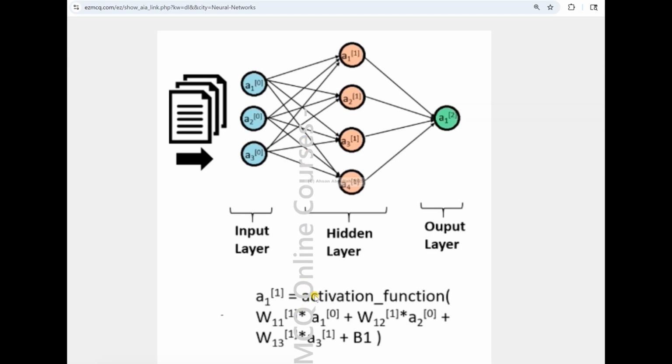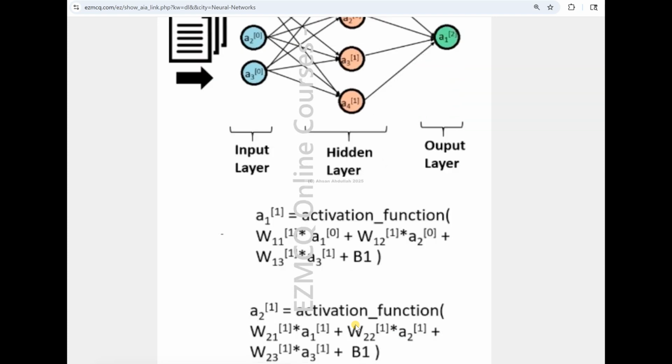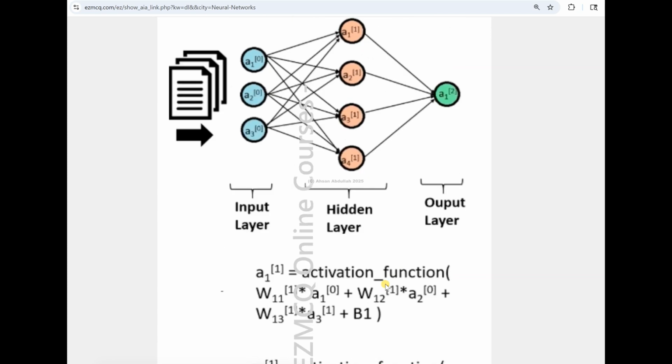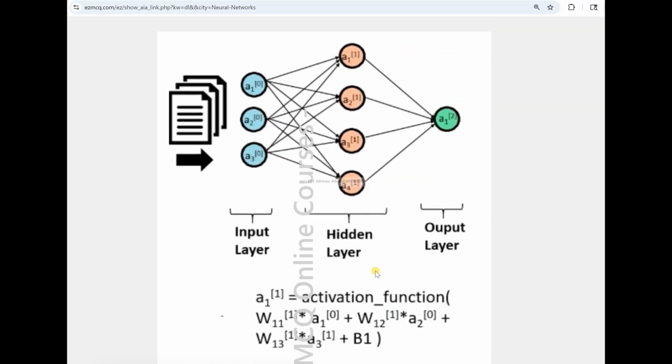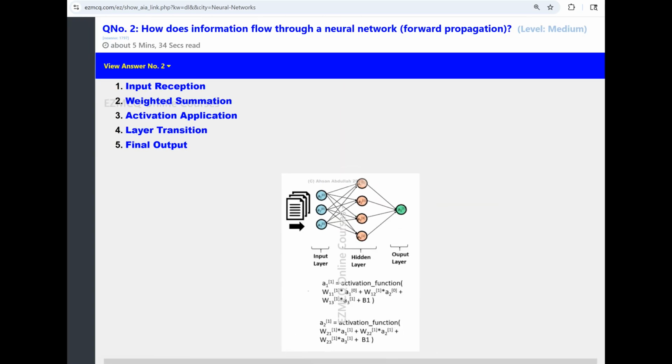So A1, as per this notation, W11 into A10, this is the zeroth layer, so to say. Then the second neuron and the third neuron, and then B1. At the next, hidden layer, we have the corresponding thing. And what is B1? That's the bias, which is based upon the backward propagation, or back propagation. We'll talk more about back propagation.